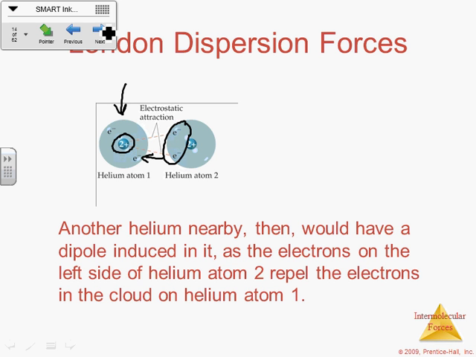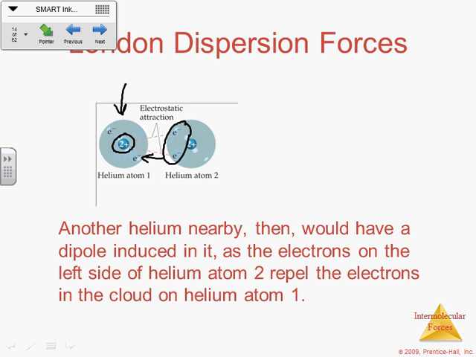And so then you have sort of this chain reaction where if one has a little bit of a dipole, it creates a dipole in atoms around it. Now again, this is all instantaneous. So this happens and then it stops. These bonds form and break, form and break, form and break. So they're not very strong for that reason, especially with smaller atoms like helium.